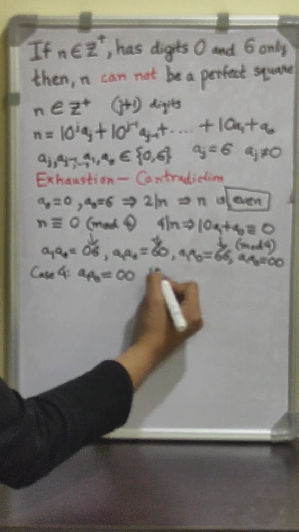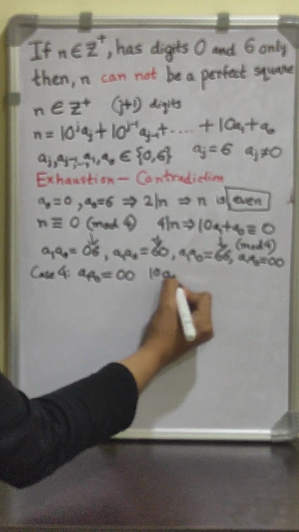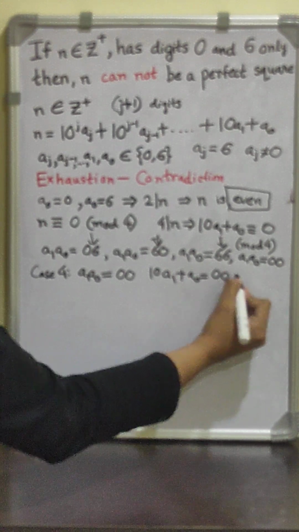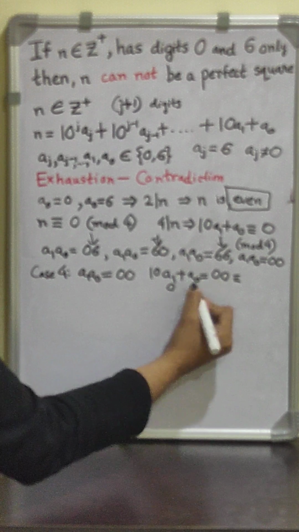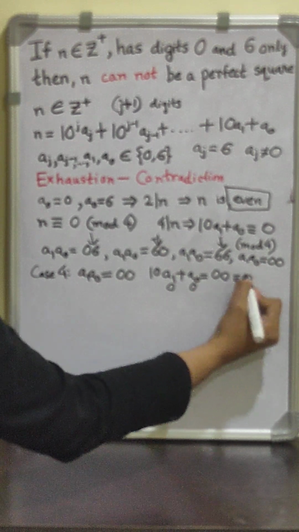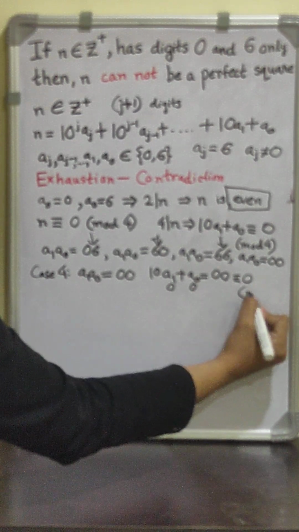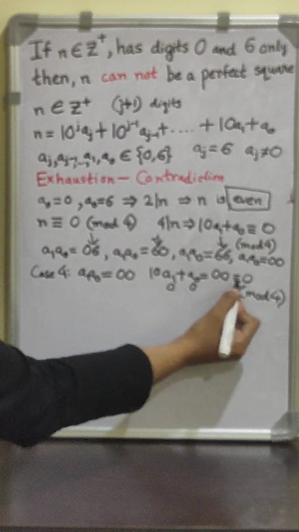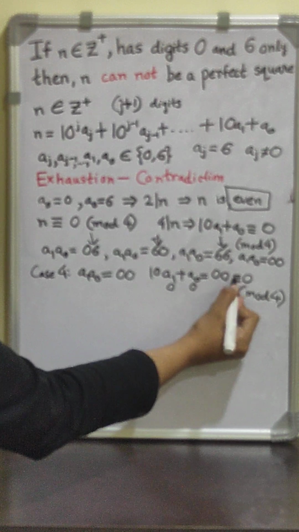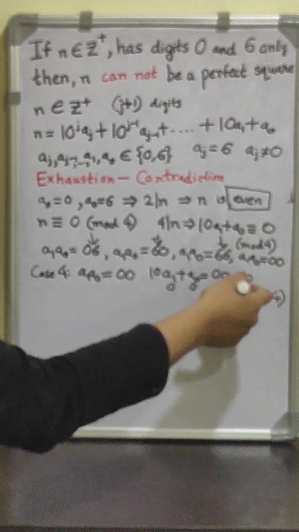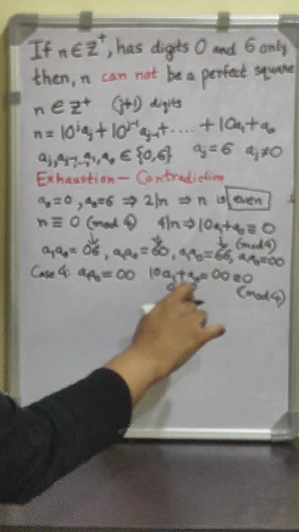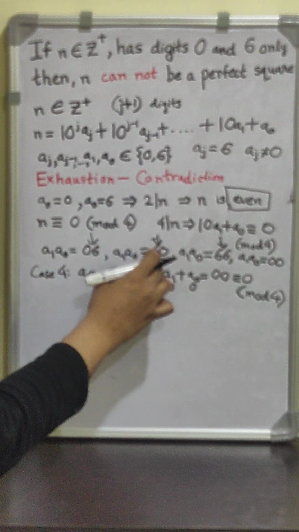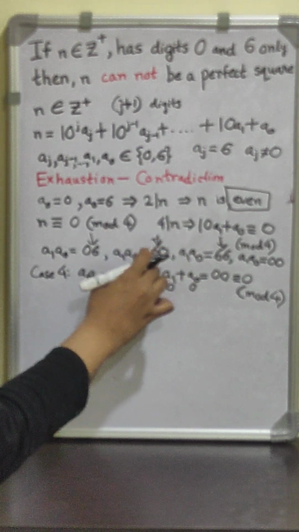then yeah, as usual, just to be consistent with whatever I've been doing so far, if this is 0 0, both of them are 0, the last 2 digits are 0, this is 0 mod 4. 4 actually divides this because 4 divides 100, and we have seen similar numbers in the video on the divisibility of 4. 4 divides it, and the other problem is for case 2 here, I had said that a perfect square cannot end with a single 0, it has to end with 2 zeros.